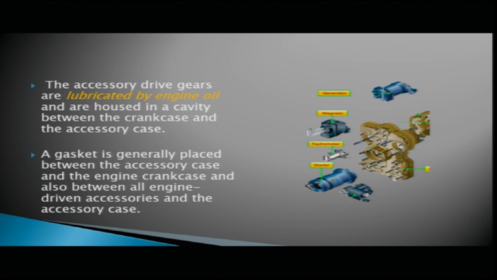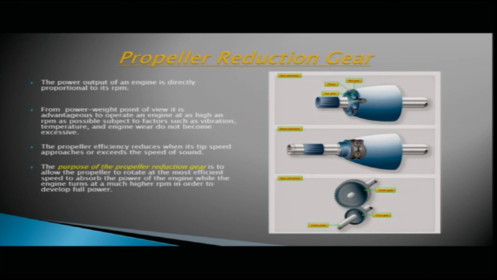There is a gasket which is generally placed between the accessory case and the engine crankcase, and a gasket is also there between all engine driven accessories and the accessory case. Next, we come to the propeller reduction gear.